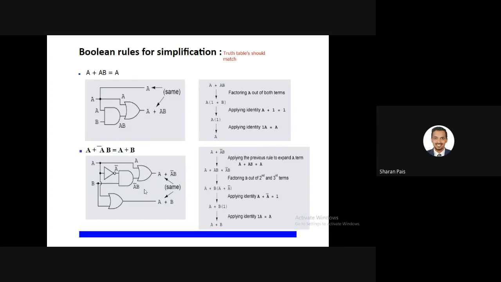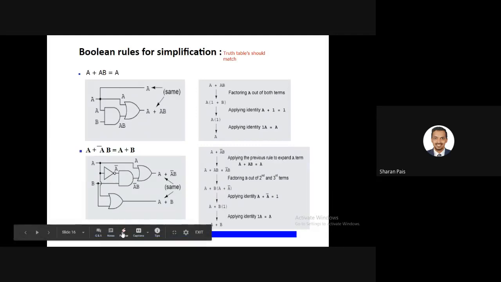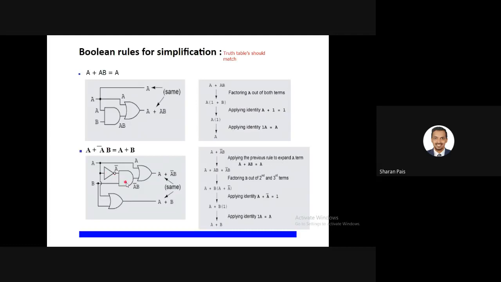Second one you can see, it's a large one. First one you can see there are 3 logic gates. So here you can see a NOT gate is there, one AND gate is there, OR gate is there. This is the circuit given, the upper part. So A plus A bar B. Then simplify that.